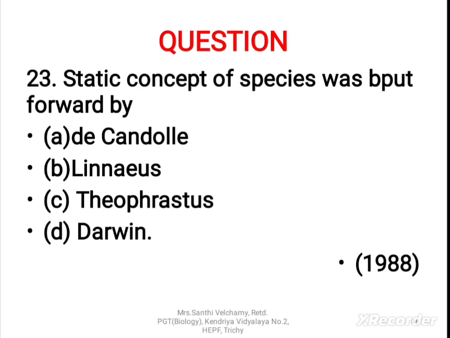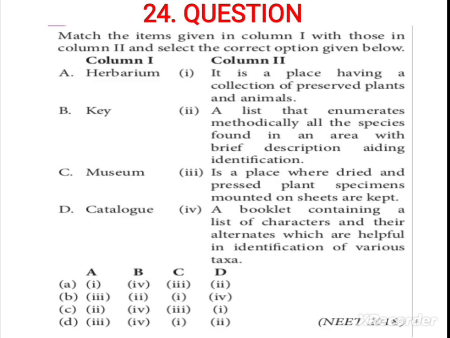Next one, static concept of species was put forward by, here 4 scientists they have given: A. Decandolle, B. Linnaeus, C. Theophrastus, D. Darwin. The correct answer is B. Linnaeus. Here the 24th question, here 2 columns are given, column 1 and column 2.